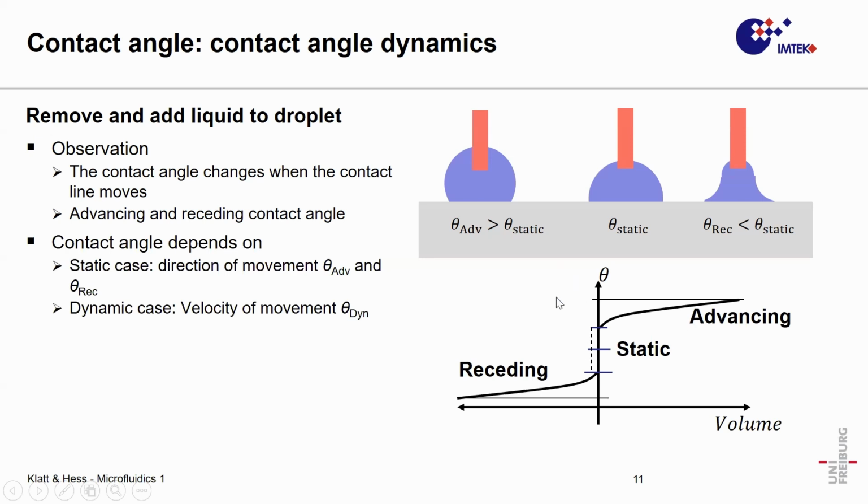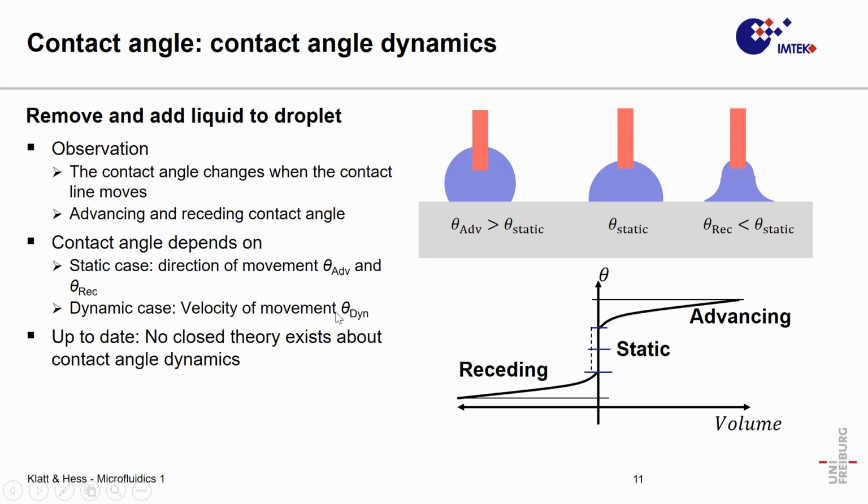This consideration is only valid if we talk about static cases. So if you add liquid to the droplet or remove liquid from the droplet. However, it's not valid for dynamic cases when contact angles move along a surface. In these cases, you have to use a dynamic contact angle.